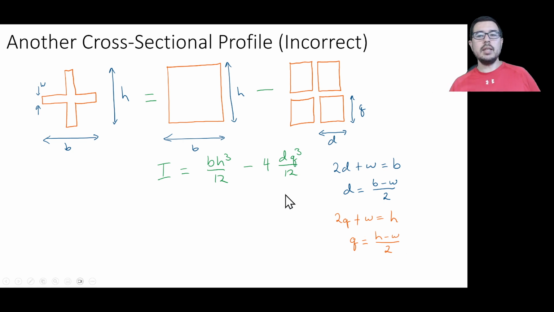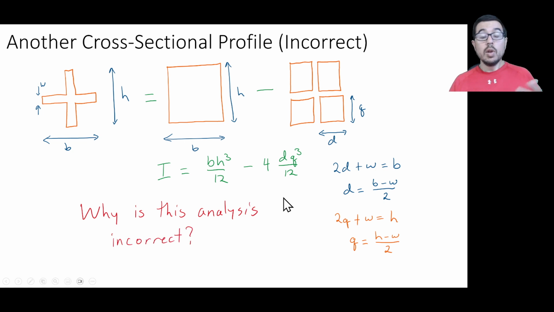Why, though, is this not correct? Well, we haven't accounted for the centroids of each of these 4 boxes and their distance from the neutral axis, assuming, of course, that the neutral axis is going through this horizontal portion of the plus sign.